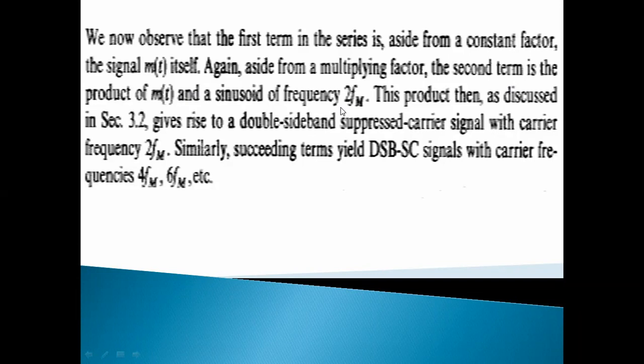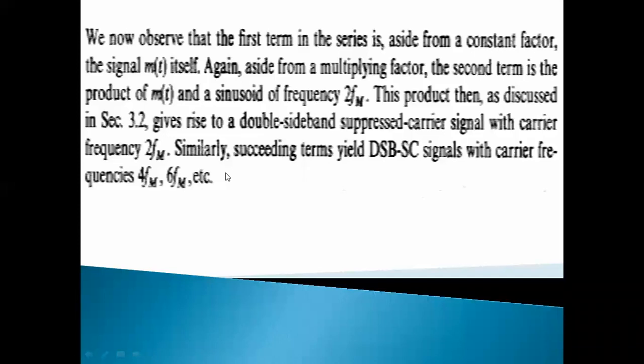This product may be called a double sideband suppressed carrier signal. So the product of S of t and M of t gives a DSBSC signal. Why? Because a DSBSC signal can be generated by a product multiplier.